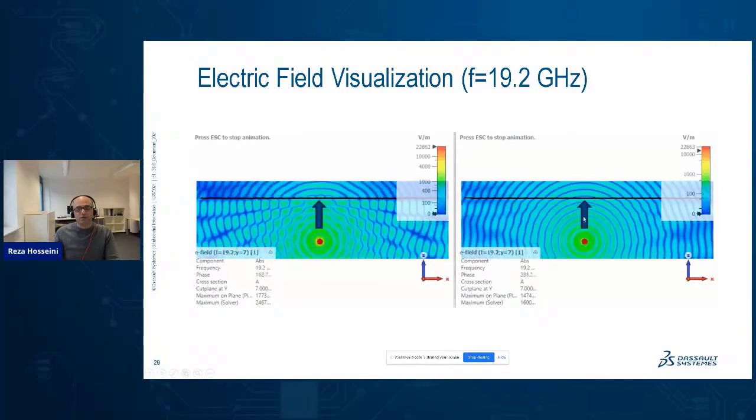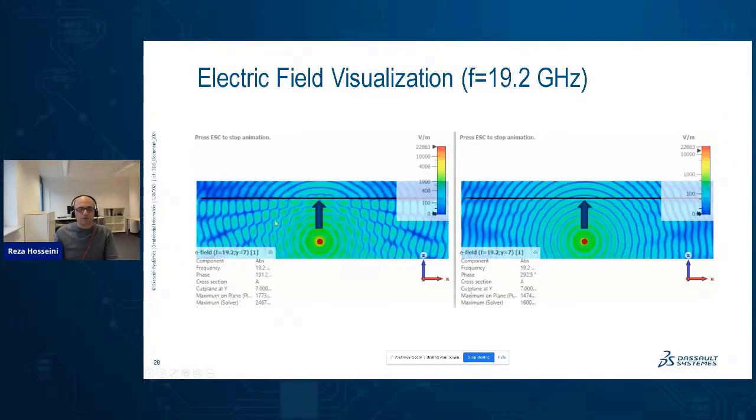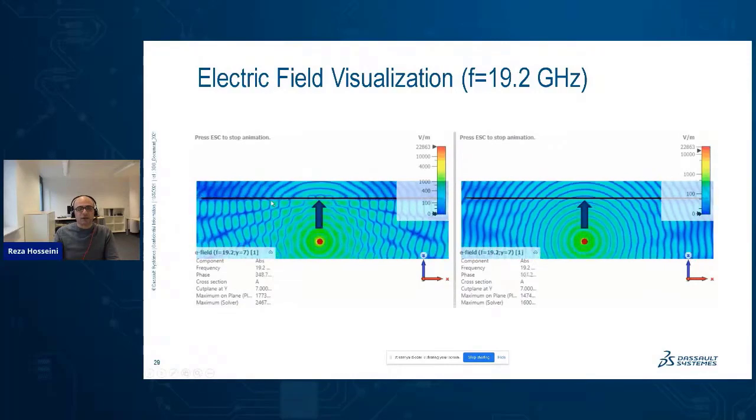Again, as I said, SIMPanel in the transient solver cannot distinguish between different incident angles, so it just sees the normal incidence. And here we have some standing wave patterns, because the field reaches the radome at different angles and is then reflected back, creating the standing patterns.